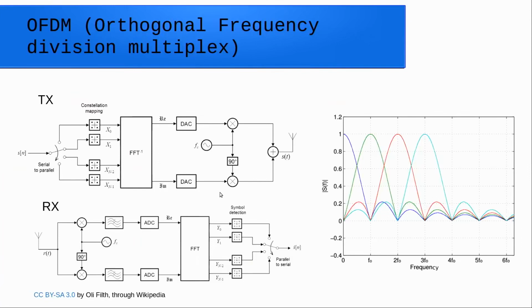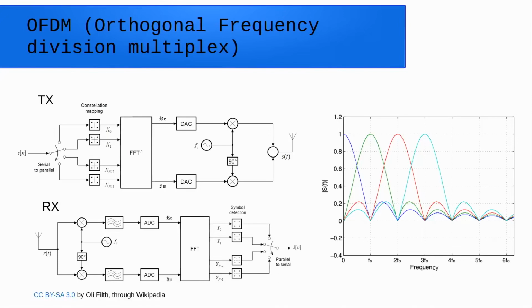The possibility to efficiently calculate an FFT or IFFT, like the inverse Fourier transformation, also gave the possibility to a wider use of multi-carrier modulation methods such as OFDM, orthogonal frequency division multiplex. Nowadays, this is often used in mobile communication systems such as LTE due to its resistance to the effects of the propagation channel.